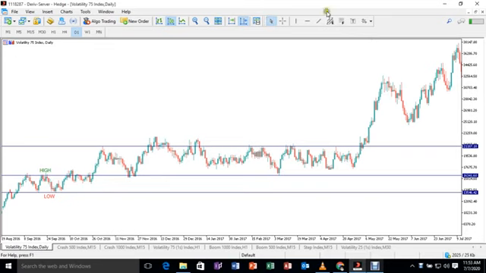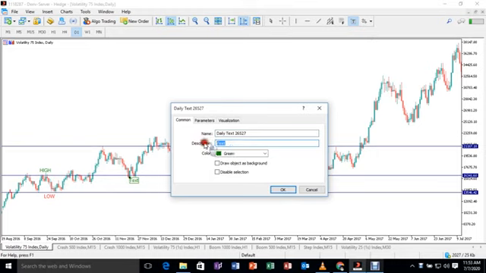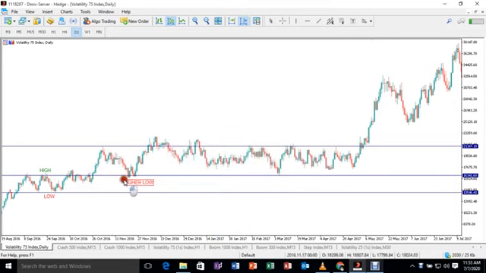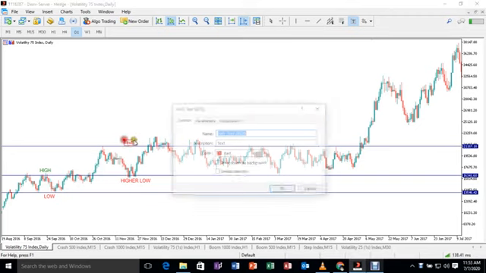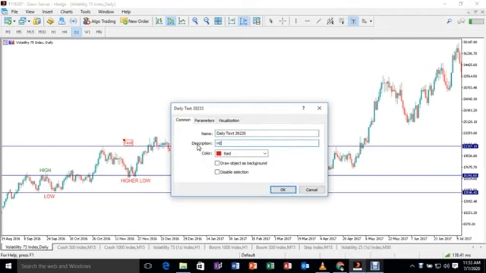So the next thing we have, a higher low. We have a higher low here, and we have a higher high here. Higher high.